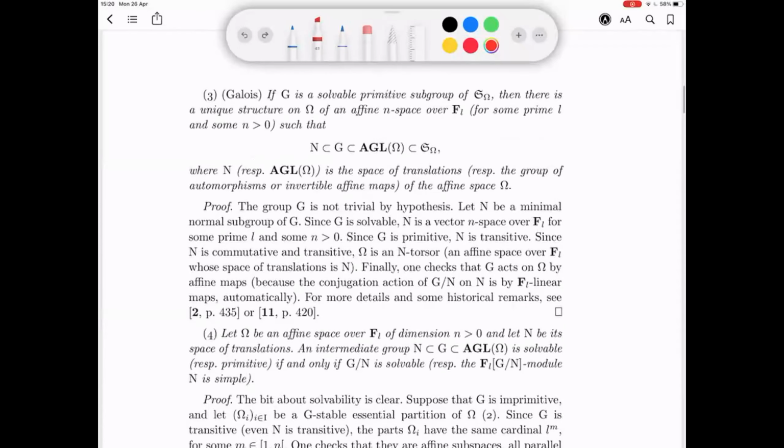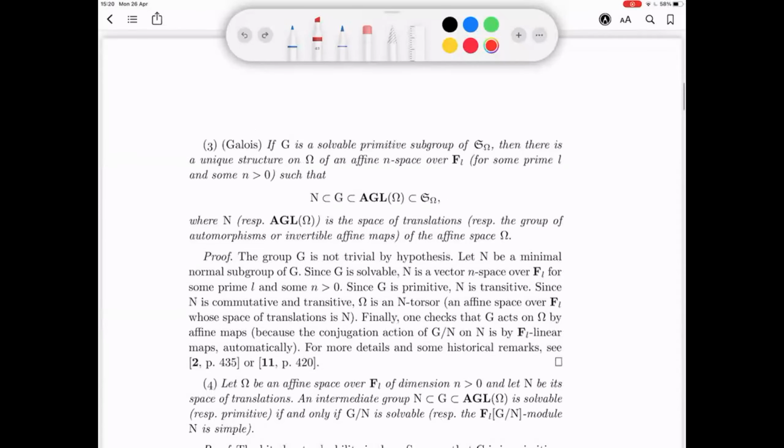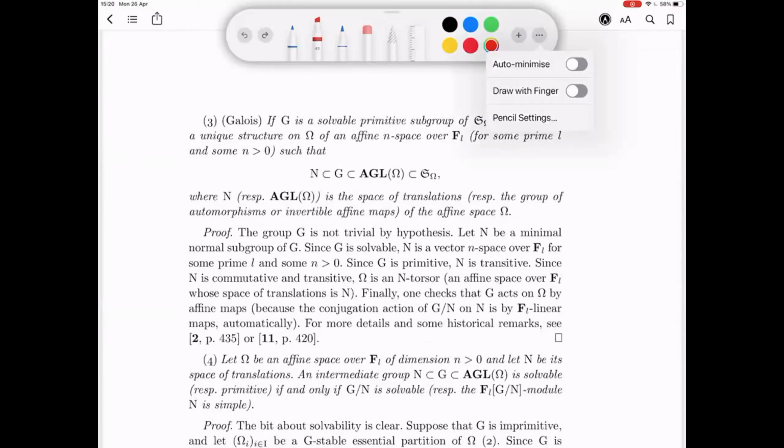And here is the theorem by Galva, which sort of generalizes that theorem that we had talked about earlier. So what does it say? Now, in order to understand it, I'll have to explain it a little bit. You have a finite set omega that is fixed. It has at least two elements by assumption. S omega is the group of all permutations of this set omega.